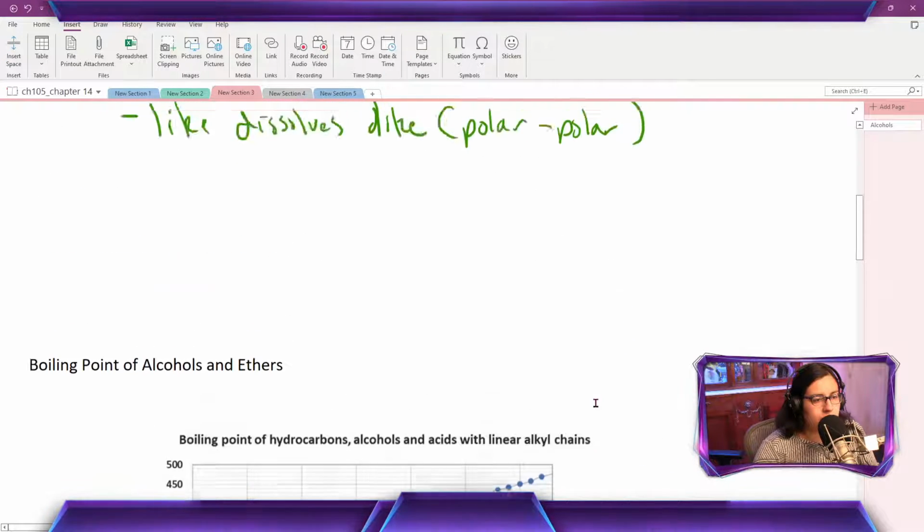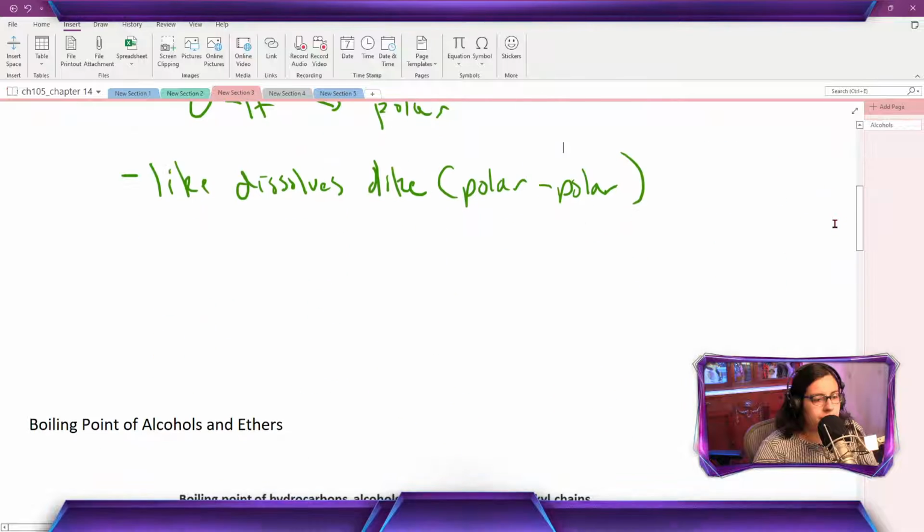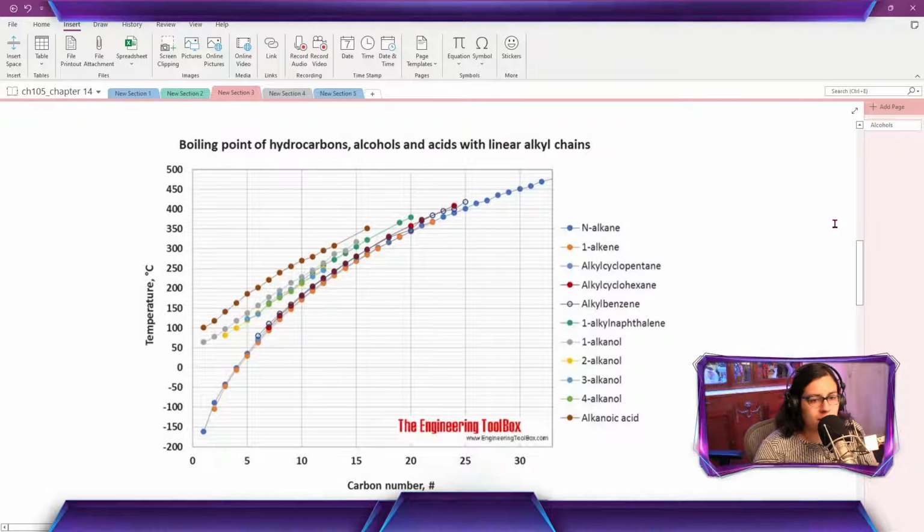But then we're also looking at the effects of hydrogen bonding, so those are going to keep it together. So this chain over here is alkanoic acid. Those are acids. And then alkanols, so it sounds like ethanol, methanol at the primary position. All these have increasing boiling points.